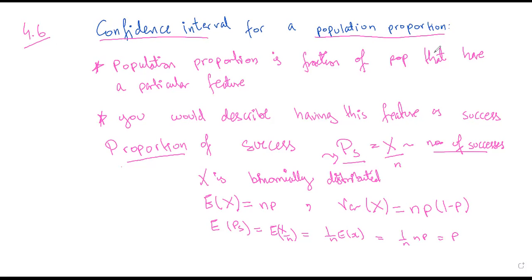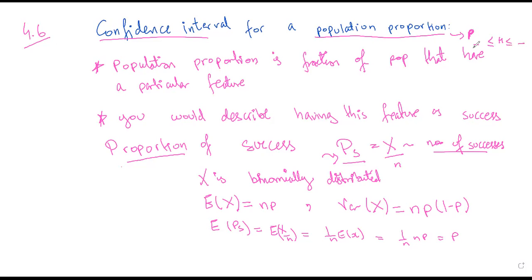Think of the population proportion as P. When we were talking about the confidence interval for mu, the population mean, we had mu greater than or equal to, less than or equal to an expression.